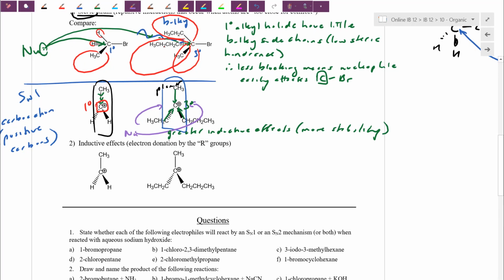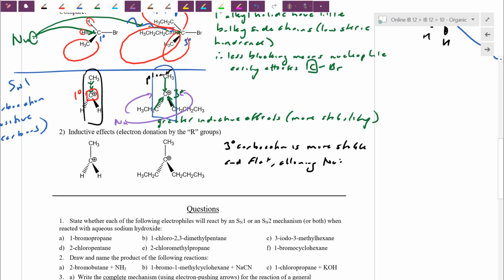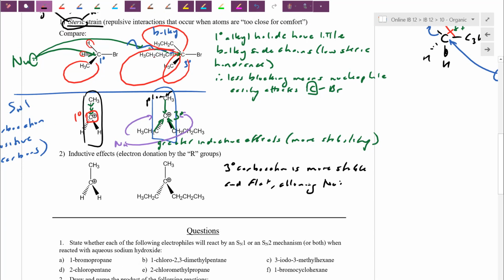So let me just write this down for you here. We talked about how the tertiary carbocation is much more stable. The tertiary carbocation is not only more stable, it is also flat, allowing the nucleophile to attack from either side, where earlier the nucleophile had a hard time coming in to attack.